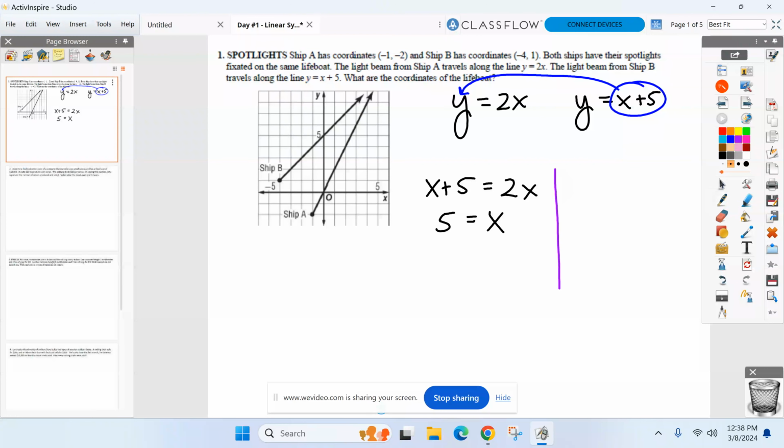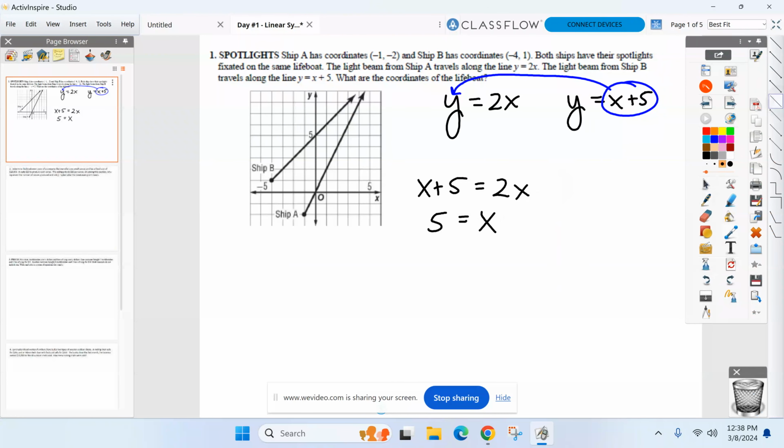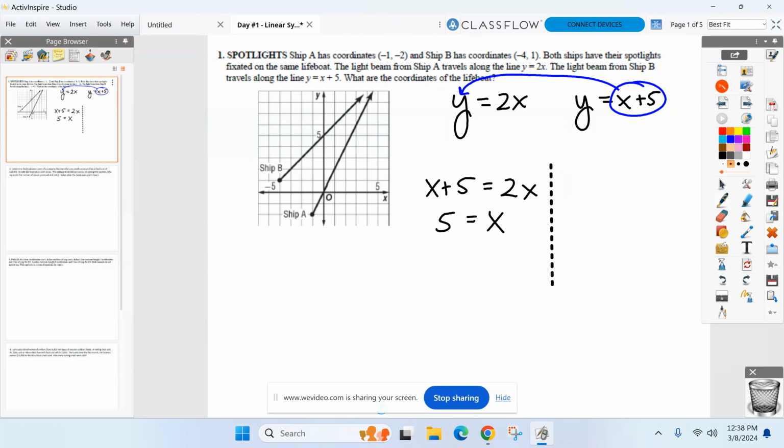I'm just making sure we're all on the same page. How do you find your y value? Substitute it back in. Does it matter which one? No. Pick either one. Doesn't matter what I substitute it back in for. I'll take the first one. y equals 2x. Substitute in 5. y equals 10.